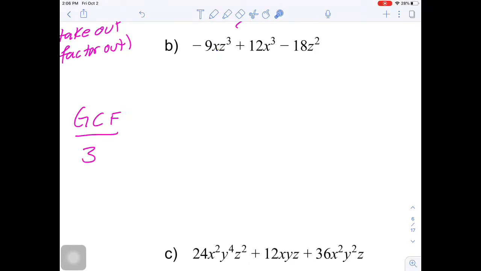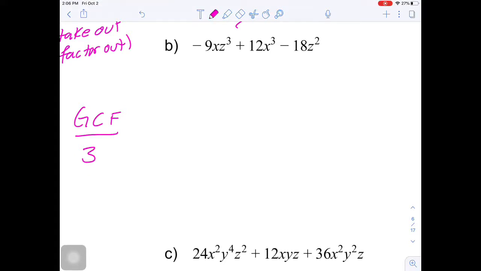Now, our first two terms have an x, but our last does not. So I'm not able to take out an x because not every single one has an x. How about z? This one has a z and our third term has a z, but our second term does not. So I can't even take out a z. So I can't do anything with the variables. So the greatest common factor is simply 3.